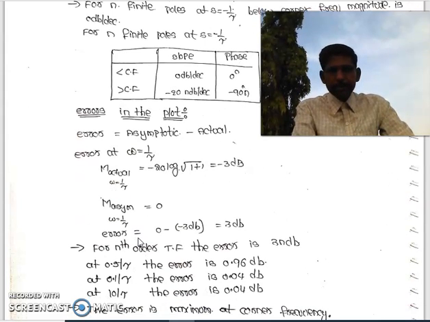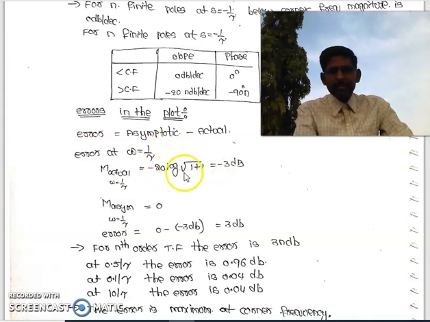Errors in the plot. Actually the error is nothing but asymptotic minus actual value. Error at omega equal to 1 by tau. Actual magnitude is minus 20 log under root of 1 plus 1, that is minus 3 dB. If you substitute omega equal to 1 by tau in 1 plus omega tau, tau will get cancelled and we are left with under root of 1 plus 1.